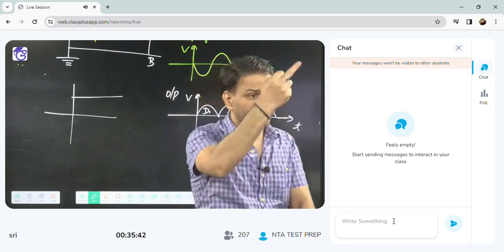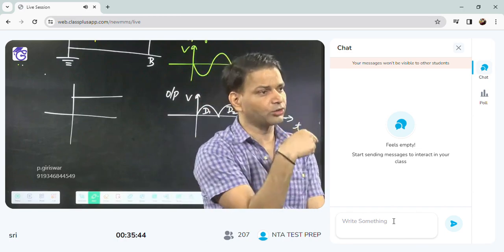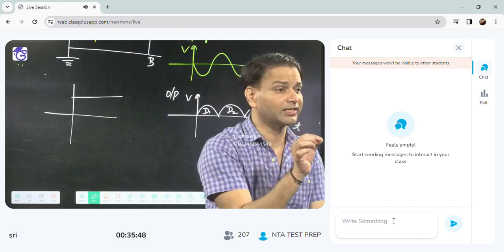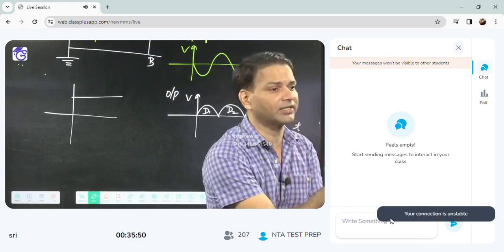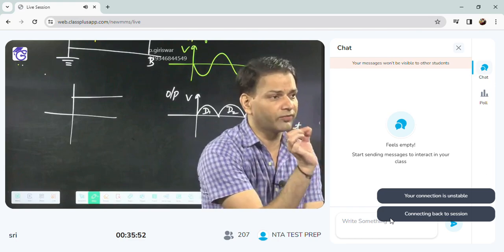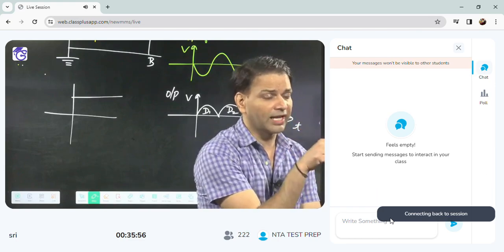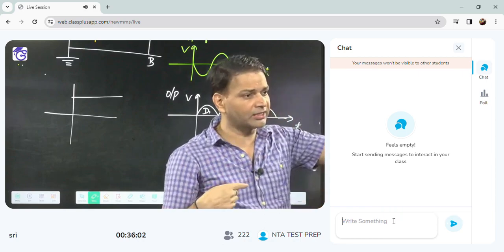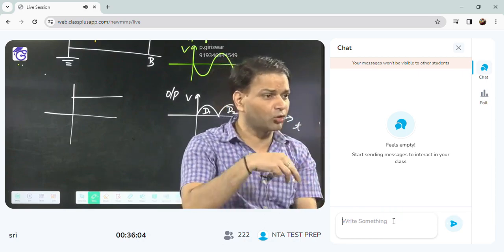So when D1 is in the forward bias, then D2 is in the reverse bias. D2 will conduct very small current, but it will conduct because nothing is ideal. So in the reverse bias also, we will get the current. D1 is forward, so D2 is reverse. If the D1 current is going from A to B, then D2 current will go from B to A.